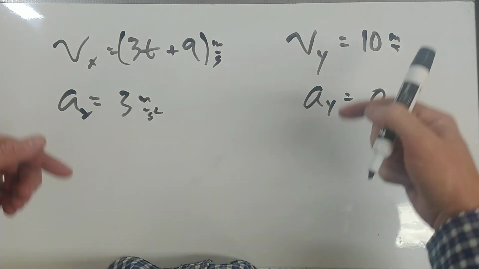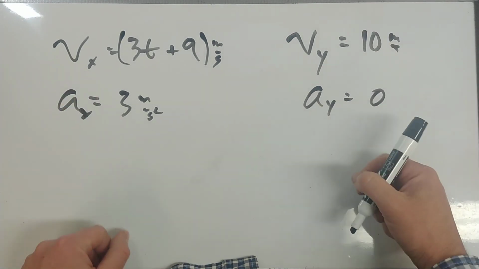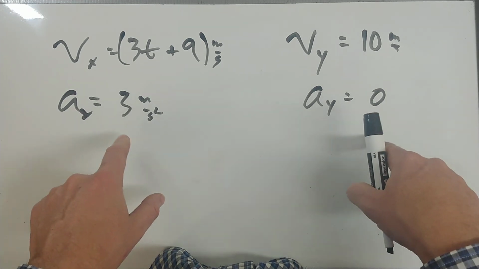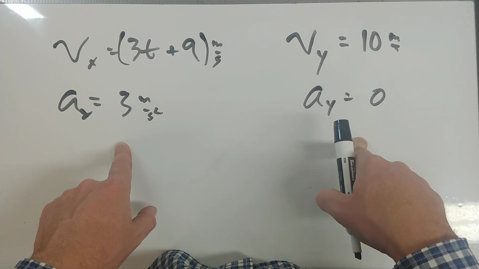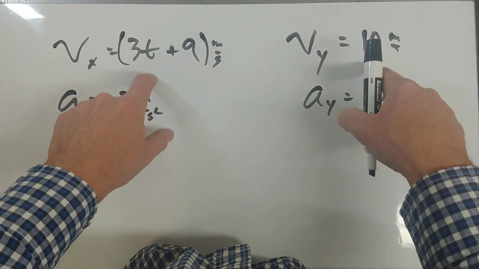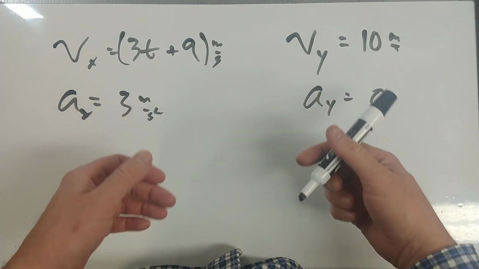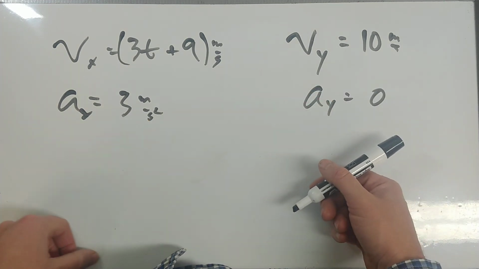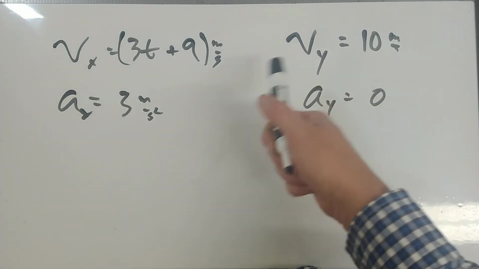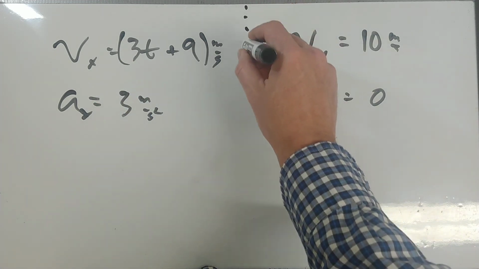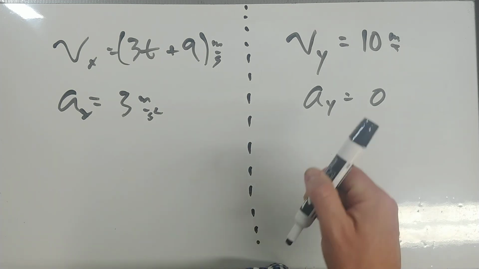I could ask you the displacement in each direction. I can ask you for the magnitude of the resultant acceleration, or the magnitude of the resultant velocity at specific times. We could figure that out, and that's all Pythagorean theorem. The velocity is changing in each direction, but again, the whole point is it's really no different than what we've been doing.